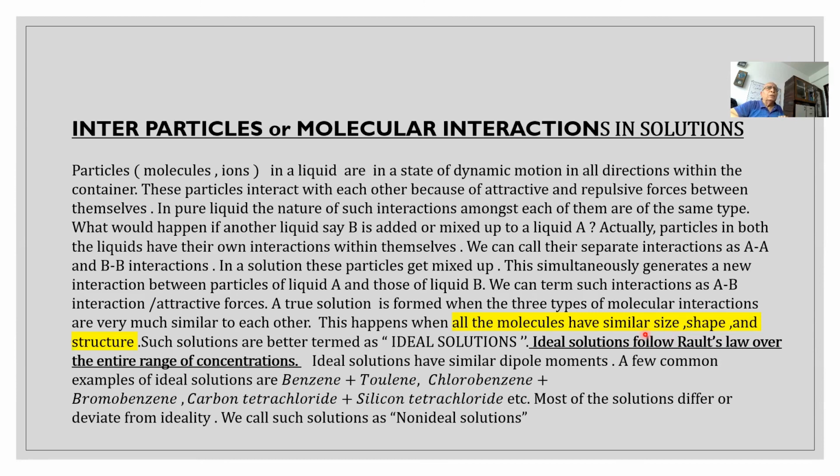There may be a little difference in structure. So the solution would be formed, but there would be a deviation. They won't follow Raoult's law under all conditions of concentration or dilution. And most of the solutions differ from ideality. There are certain examples of ideal solutions, and a number of other examples are also there. We shall gradually take them up in our subsequent study. A few examples are benzene, toluene, chlorobenzene, bromobenzene, carbon tetrachloride, silicon tetrachloride, etc.